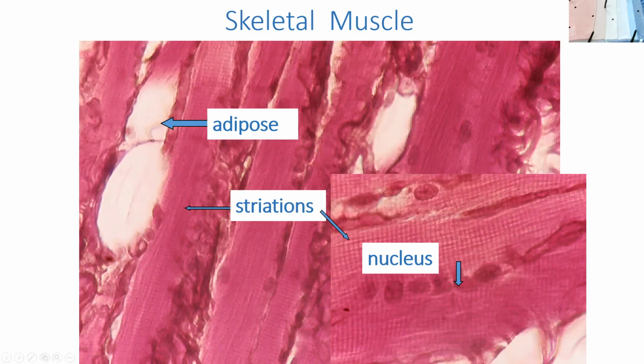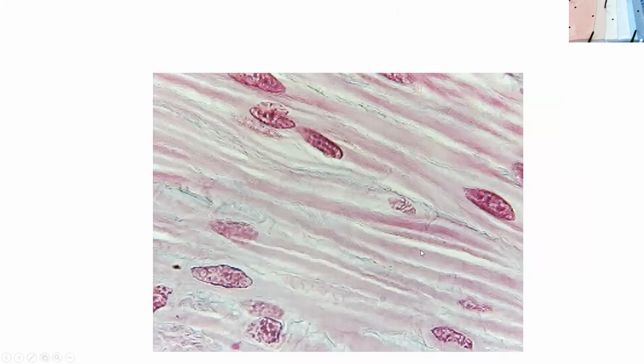So, skeletal muscle has very high energy demands. It's one of the reasons why you see the fat there. That's one of the reasons why there's lots of myoglobin there to carry oxygen for them. So we need oxygen for the cell to release energy stored in food. So characteristics: striations, lots of nuclei in here.